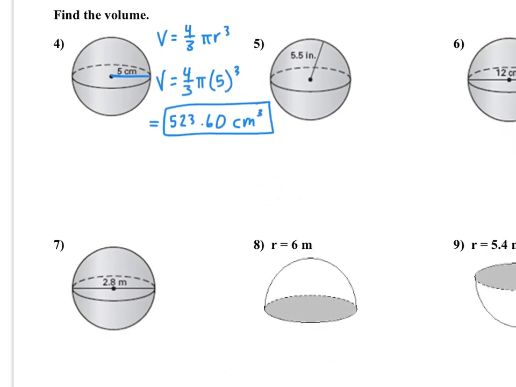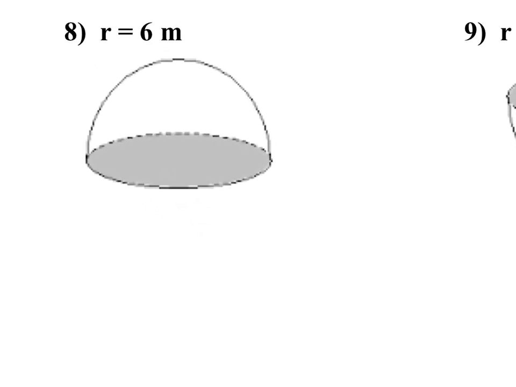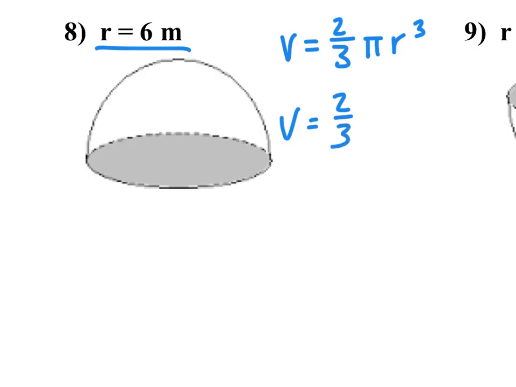Now let's look at a hemisphere one. We'll do number 8. Now that we have half a sphere, the volume is going to be 2/3 pi r cubed. Again, all we need to know is what r is, and it tells us that r is 6. So the volume equals 2/3 pi times 6 cubed.